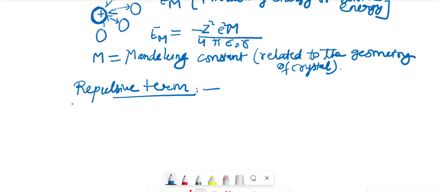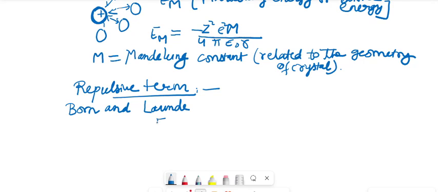This term was suggested by Born and Lande. They suggested that a repulsive interaction between the lattice ions would be proportional to R to the power n.